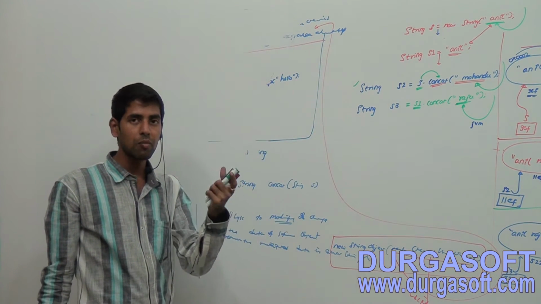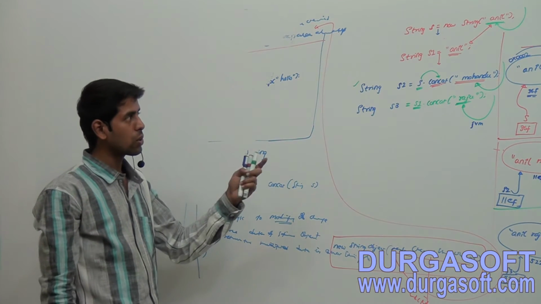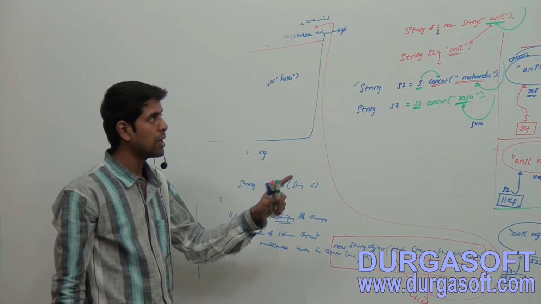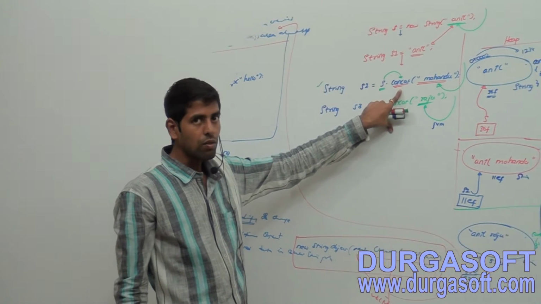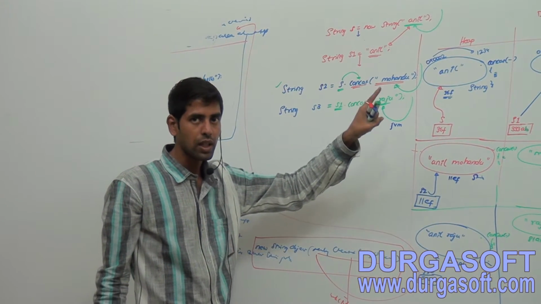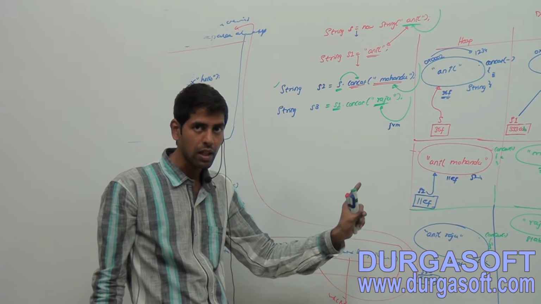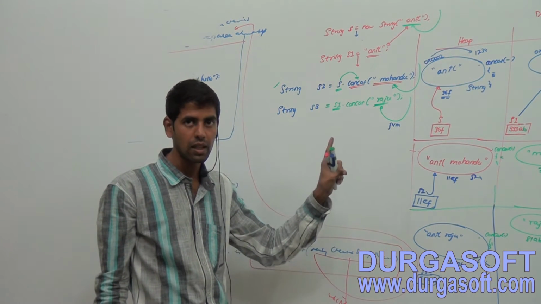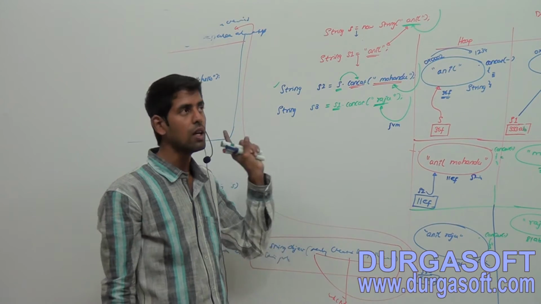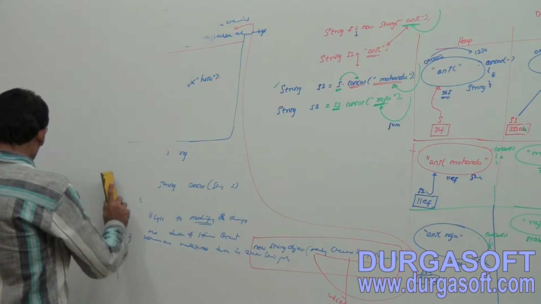It is a simple method implementation, not that big a thing. But because of string object data changing, a new object will be created at heap area. That is enough to understand here. Now let's go to the examples. Observe.